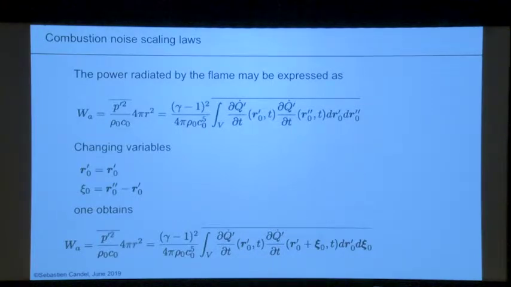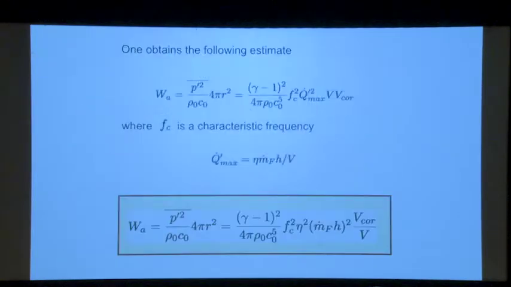It's convenient to change coordinates. You take the distance as one of the coordinates, and you take the other one as one of these. It can be written like that. I'm sorry, I'm going very fast because this is not really the main topic here, but just to give you an idea, and you can go back to these equations and look at the references.